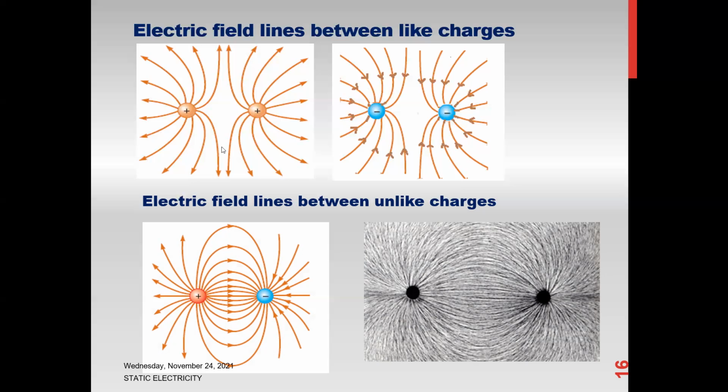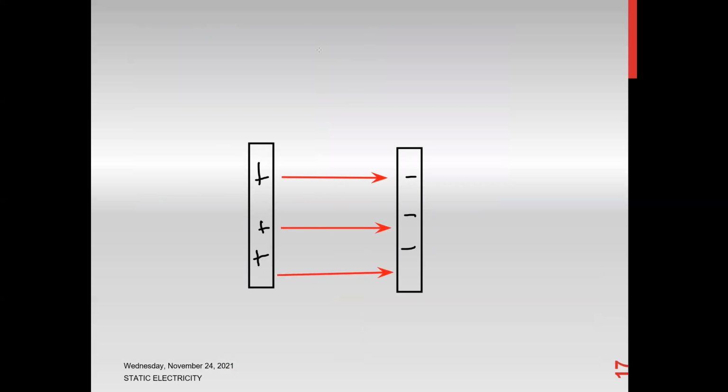And if we want to draw the electric field for two charged rods, one positive and another negative, the field lines are directed out from positive and into negative.